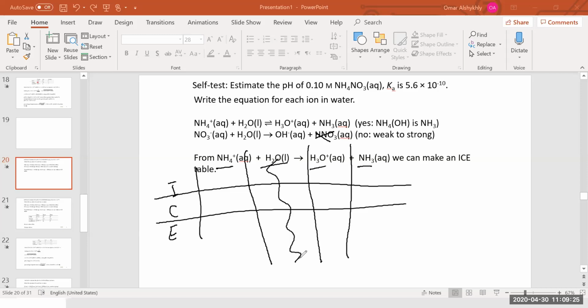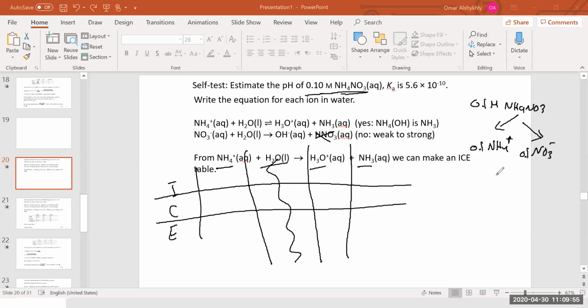Water, nothing here. Now, ammonium. So look at here, guys. This is another thing you have to be careful with. 0.1 molar NH4NO3 will dissociate to 1 NH4 positive and 1 NO3 negative. So here it will be 0.1 molar.